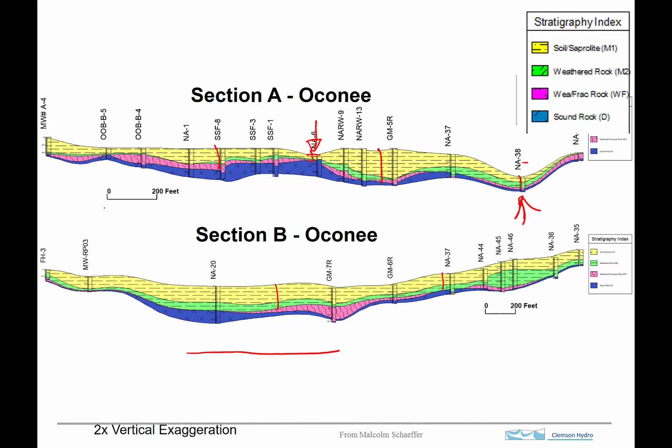Look here, there's a place where it's just fairly level, and the thickness of the weathered zone is relatively thin. So I think that there's a good bit of variability, and it's probably difficult to generalize how the thickness of the weathered zone changes over the landscape.